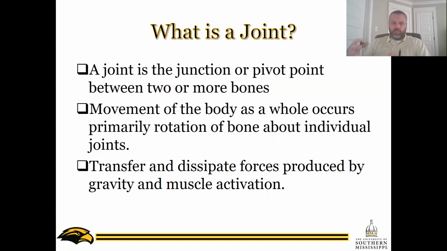Now, the job of a joint is not only to provide movement, or to provide this pivot point, it's also there to transfer or dissipate force. So let's say when we walk, our bigger musculature in the lower extremity is going to be in the thigh, and we're going to have a lot of musculature on the anterior aspect of the thigh, or your quads.